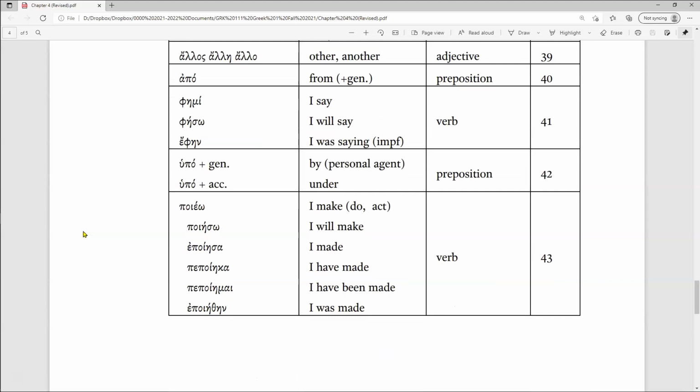Apo is from, it takes the genitive. We get apologia, from defense, right? Apologetics. Phemi is I say. There's a stupid joke called the beer that made Milwaukee famous. Have you ever heard that joke? That's my mnemonic device.